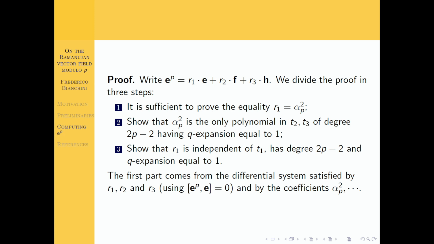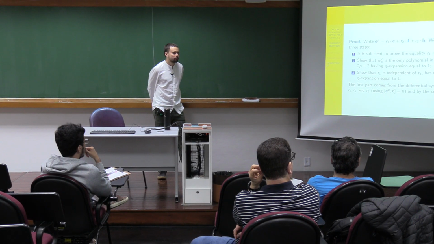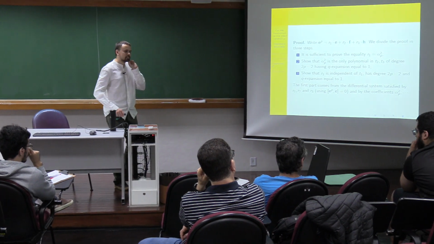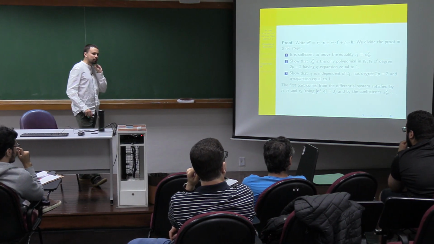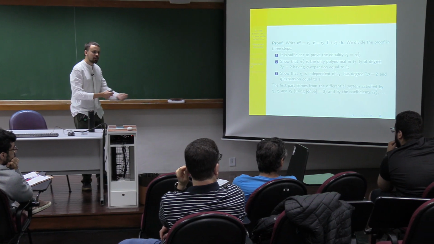By Q expansion equal to 1, you mean that if we do Q expansion, then the constant term is equal to 1, right? No, it's exactly 1. So the constant term is 1 and the other coefficients are 0.